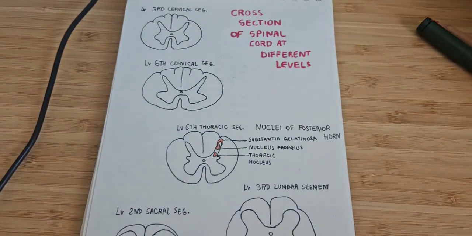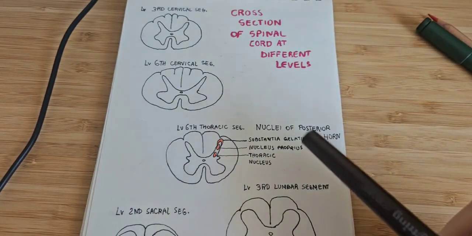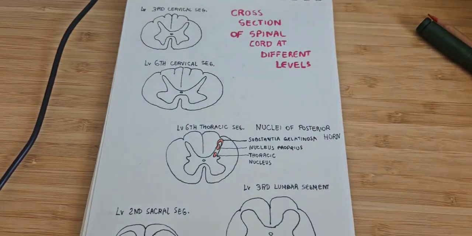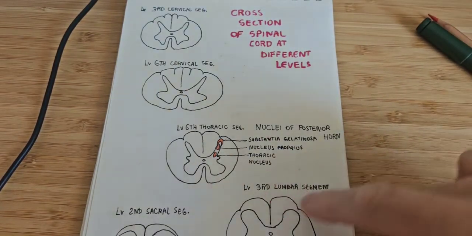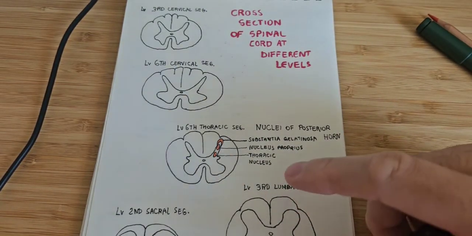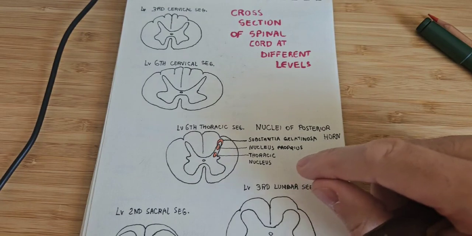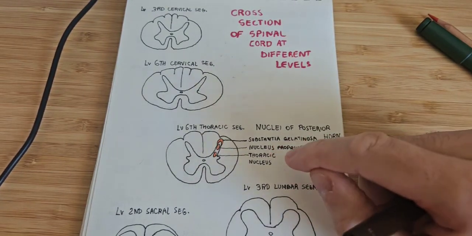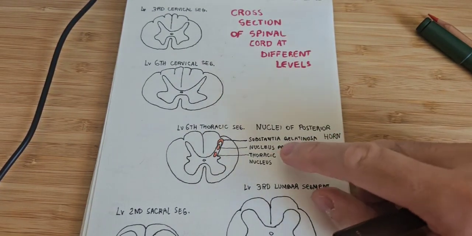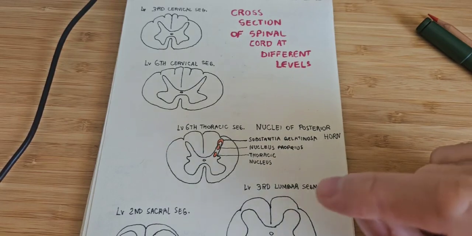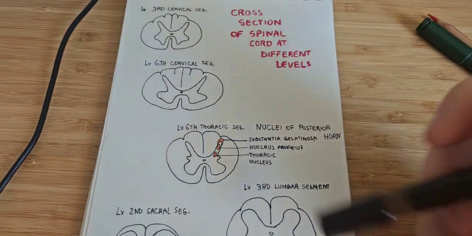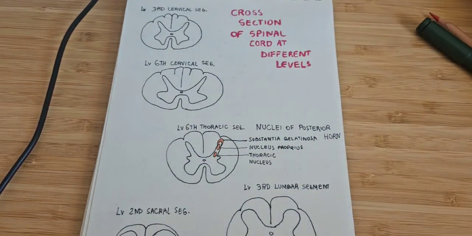Now, examples. Spinal cord injury usually can affect this area, and multiple sclerosis, especially inflammation and demyelination in the thoracic nucleus, will interfere with proprioceptive signaling. Okay. Now the second one was the nucleus proprius.